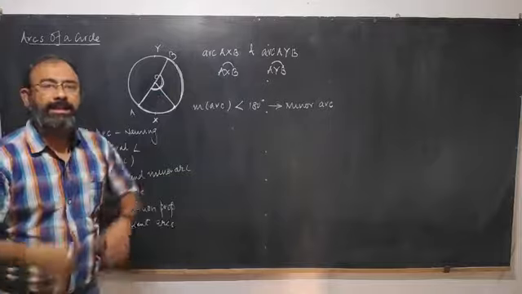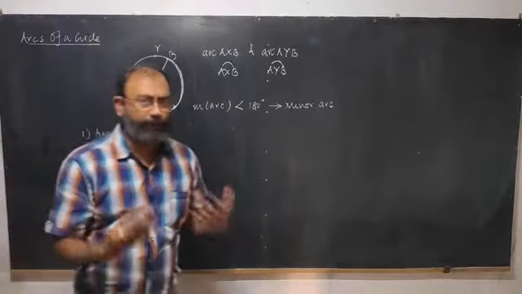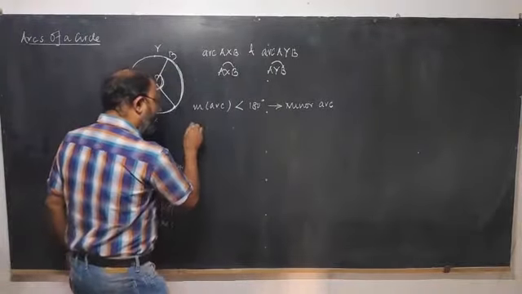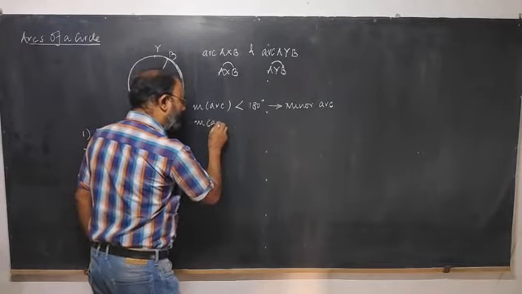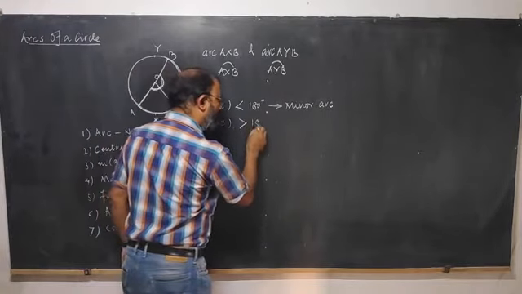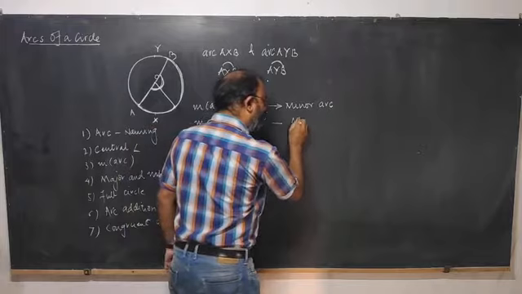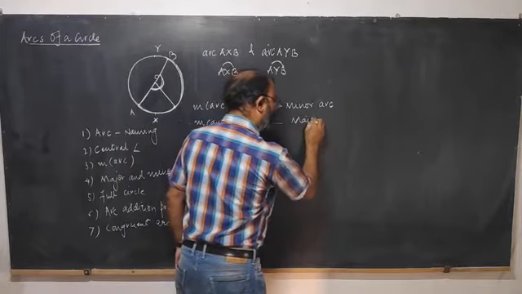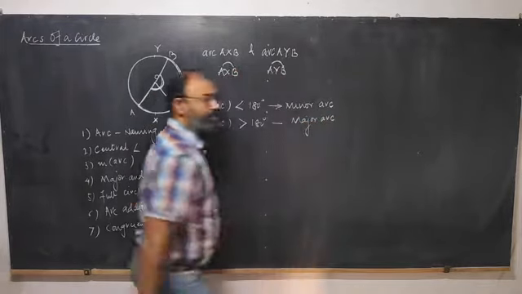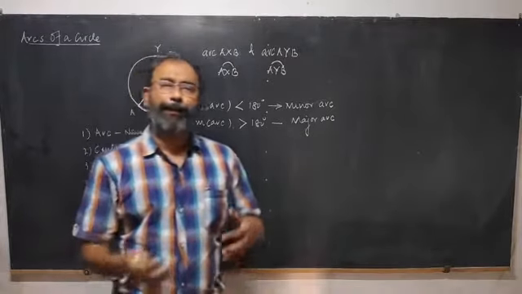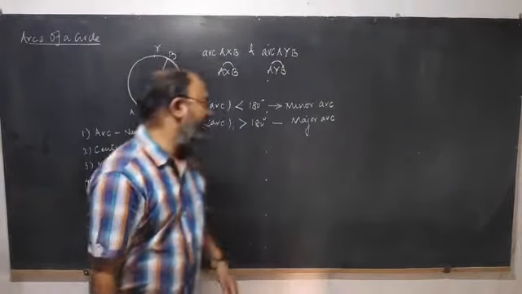And the remaining part of the circle will be obviously more than 180 degrees. Okay, that will be called as major arc. So I hope you have understood the meaning of major arc and minor arc.